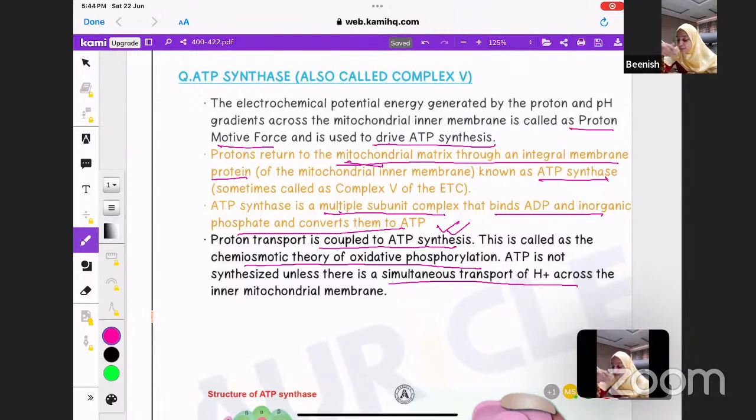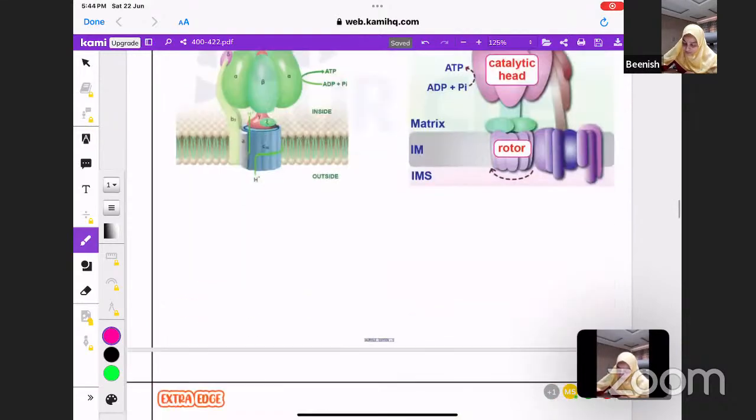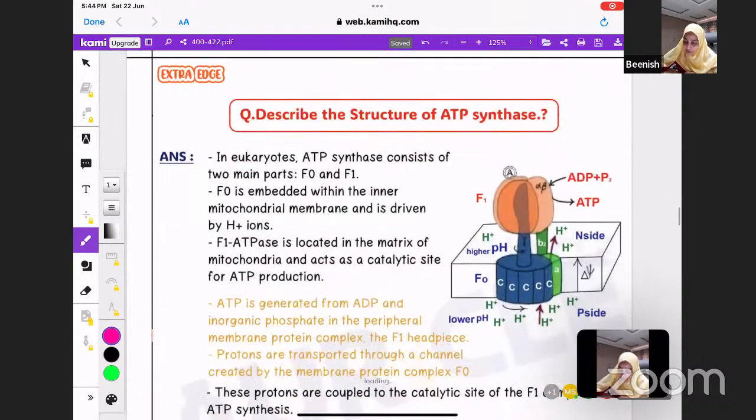So the protons that were pumped via the various complexes into the intermembrane space then travel back into the matrix via complex 5, and this transport of protons across the mitochondrial membrane into the matrix is coupled with ATP synthesis. This is known as the chemiosmotic theory. So that was about the concept of oxidative phosphorylation.